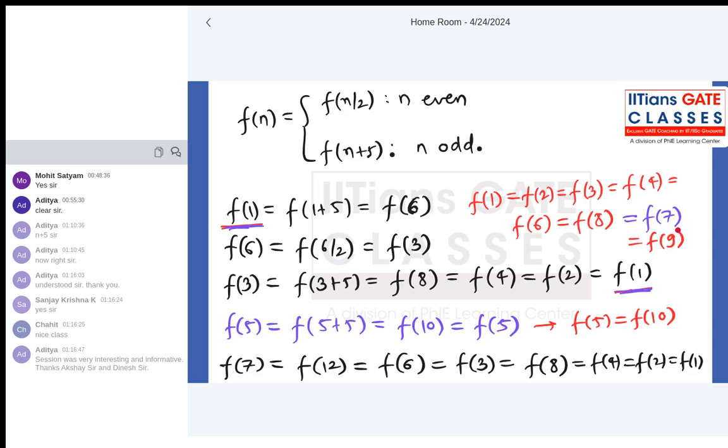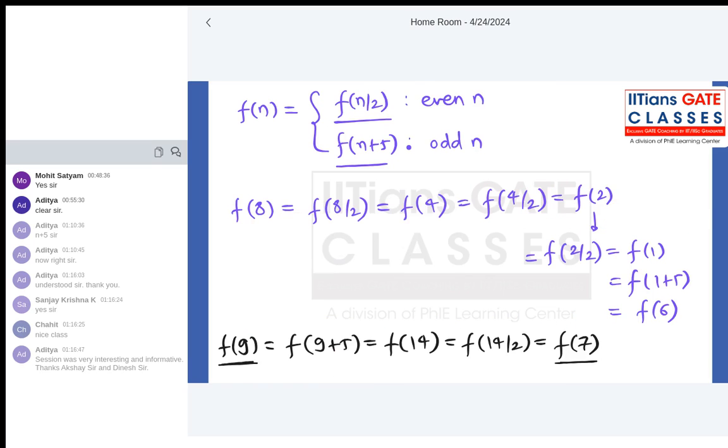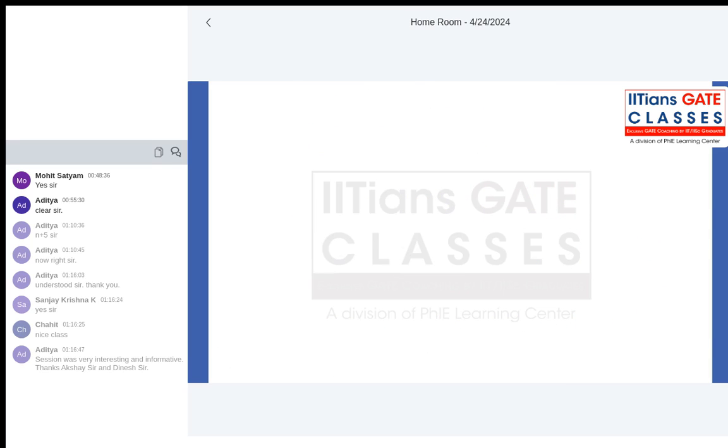So now you can check, if you take f of 11 and see, it will essentially come back to what we know, because it is defined for n going to infinity, right? So we started with 1, we checked everything between 1 to 10, but you can argue that we have to check for 11, 12, 13 also, right? But it will essentially boil down to what we already know.